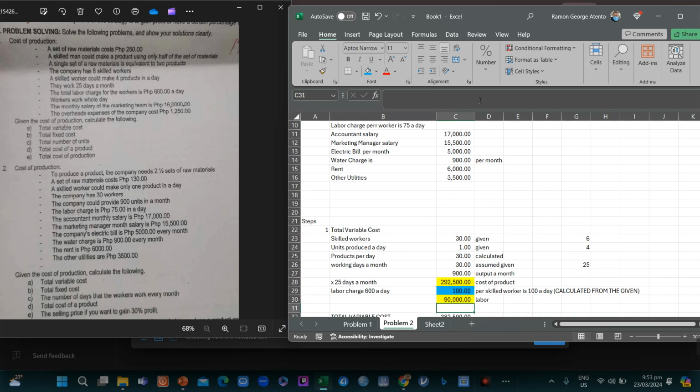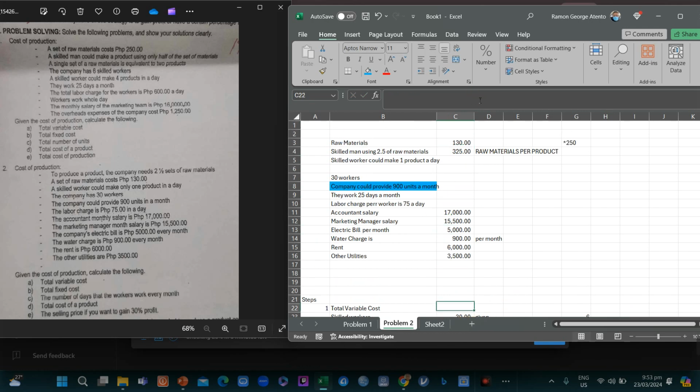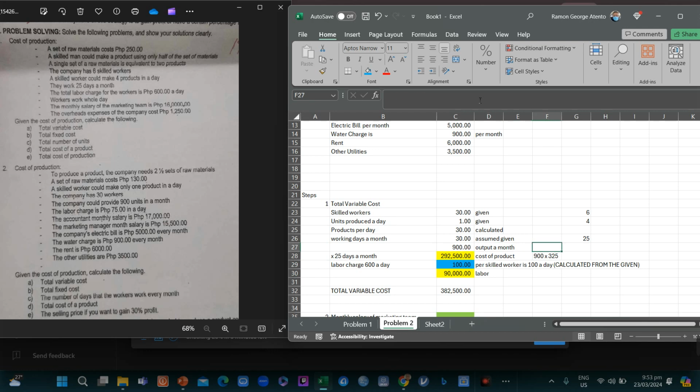So 900 times 325. In our case, we are using Excel, so 900 multiplied by 325. Let's attach this, so if not, we will have a problem. Yes, it's correct. 900. Okay?